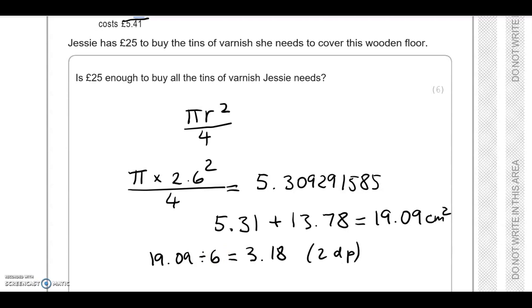So that is the number of tins, but you can't really buy part of a tin, so we're going to have to round up again. So this will become 4 tins, and 1 tin costs £5.41. So 4 times 5.41 gives us £21.64.